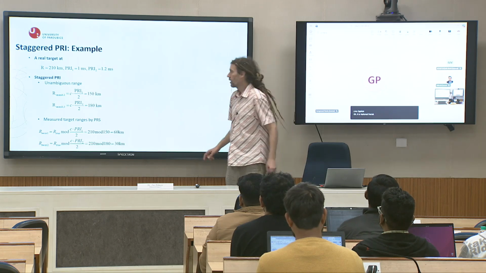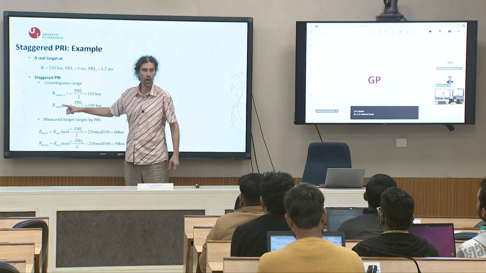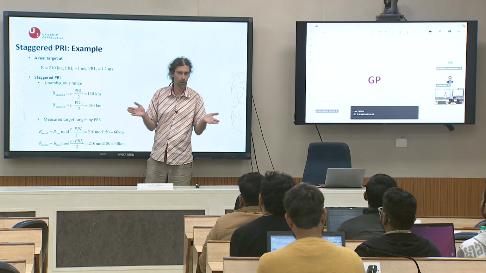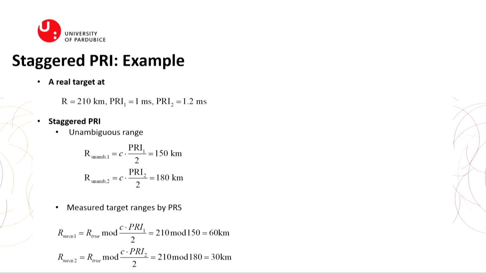Now we have two unambiguous ranges. Why? Because of the first pulse and the second pulse. So the first is 150, the same of course, and the second is 180.